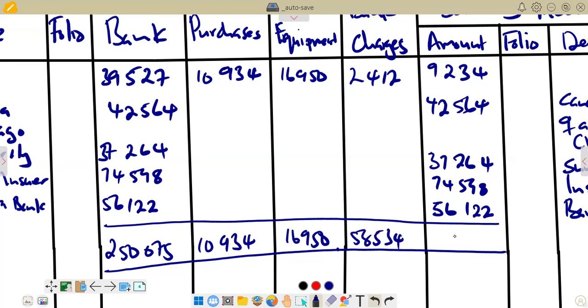Then on the sundry amount section, we have 9,234, then we add 42,564, we get 37,264, and then the next one, 74,598, and then 56,122.